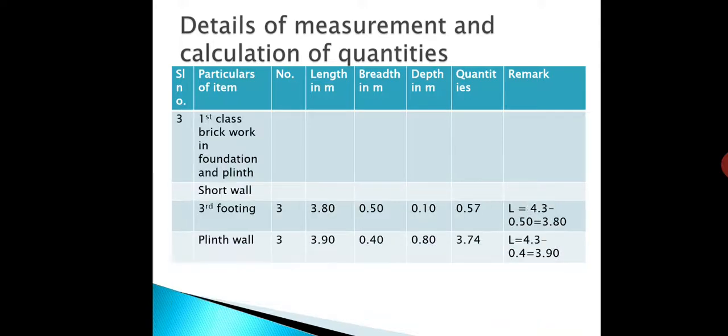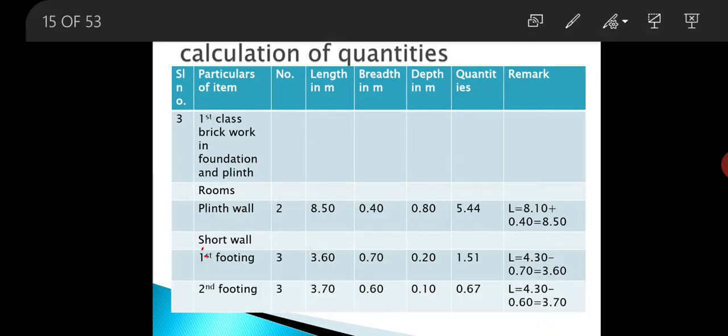In the details of measurement form, see here, this is the first footing. Write down short wall, then first footing. So here in the remark column, write down 4.3 is the center to center length. From this, subtract half of the width of the first footing from both the sides. That means 1 width of first footing.